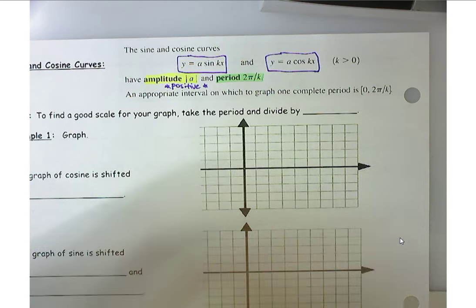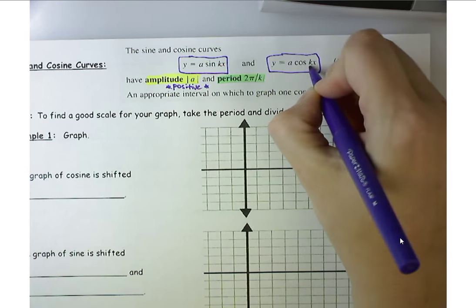Okay, so here's your k value. Okay, now k has to be greater than 0 because if it was 0, then you'd have 0. Okay, and then that'll be true for both your sine and your cosine.